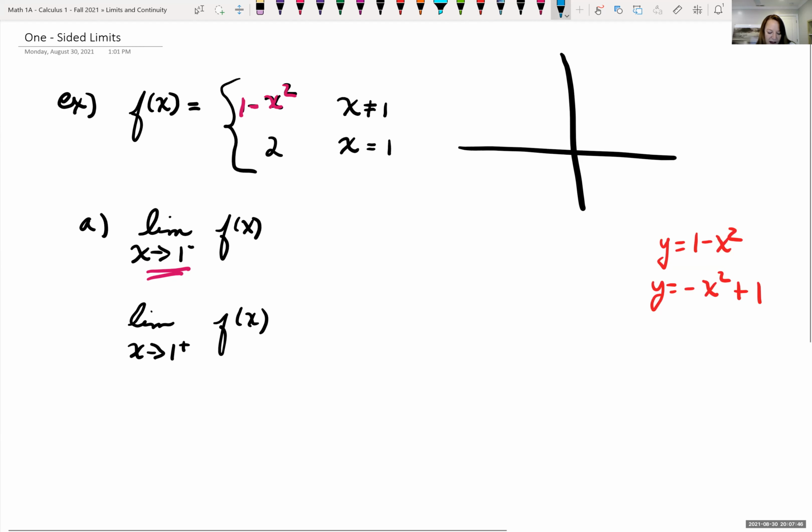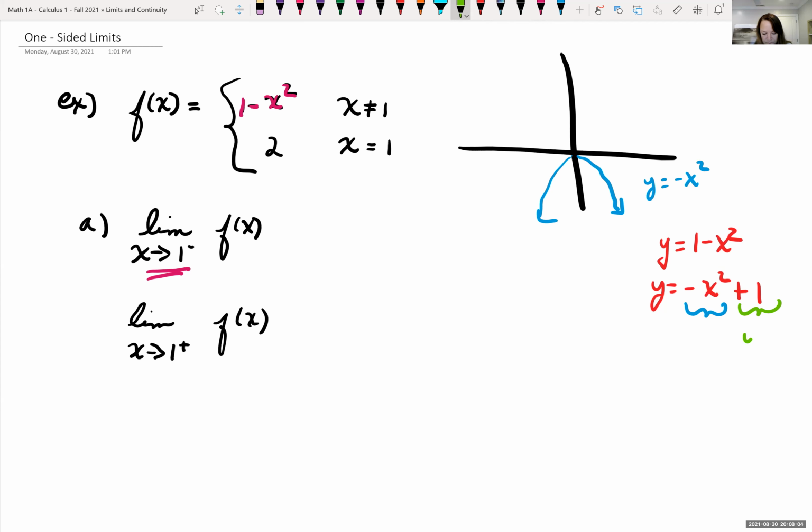We can think of graphing negative x squared. That's just a reflection of our graph, that negative in front, across the x-axis. So that would look like this. This would be y equals negative x squared. But recall that plus 1 shifts the graph up 1 unit.